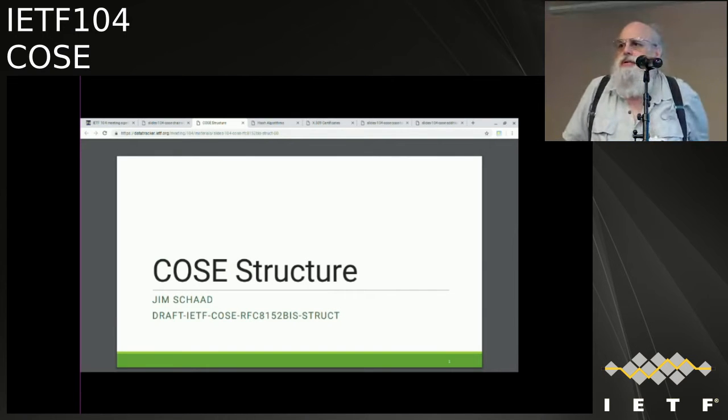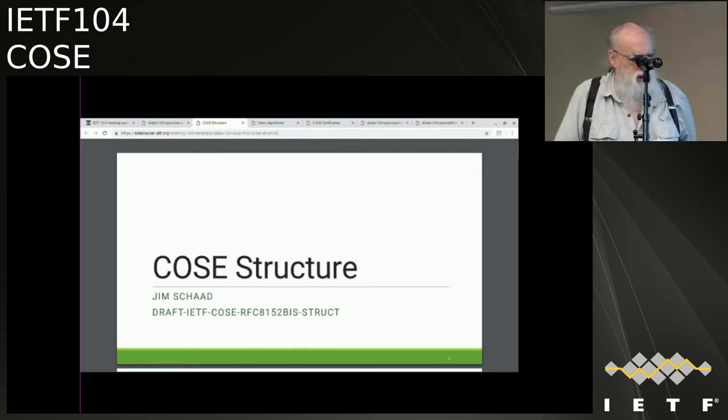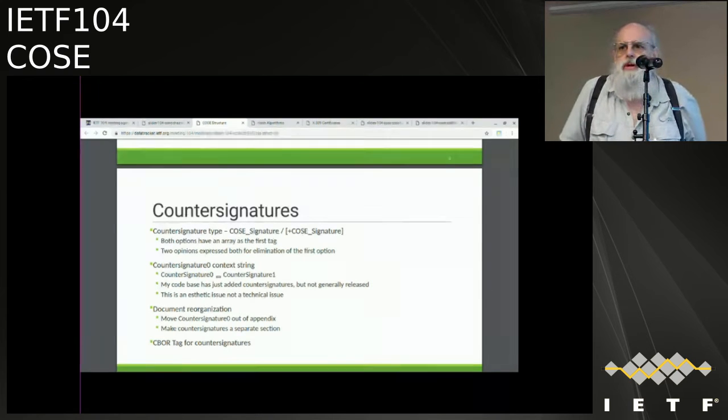Okay, so the first document we're looking at is the structure half, which is the document that we're going to try to actually get moved up to full standard. The biggest open issue is some issues around countersignatures.